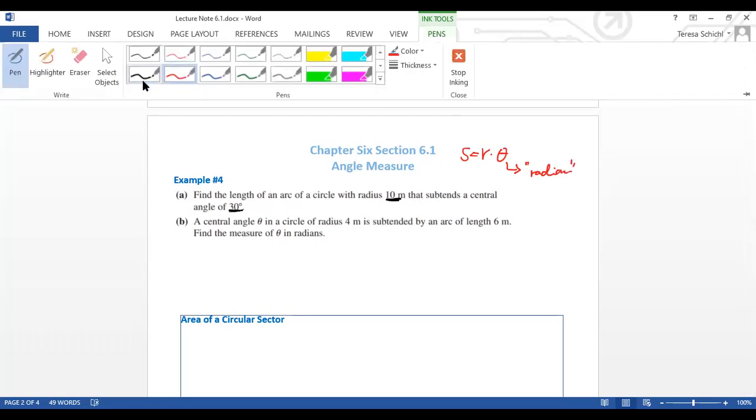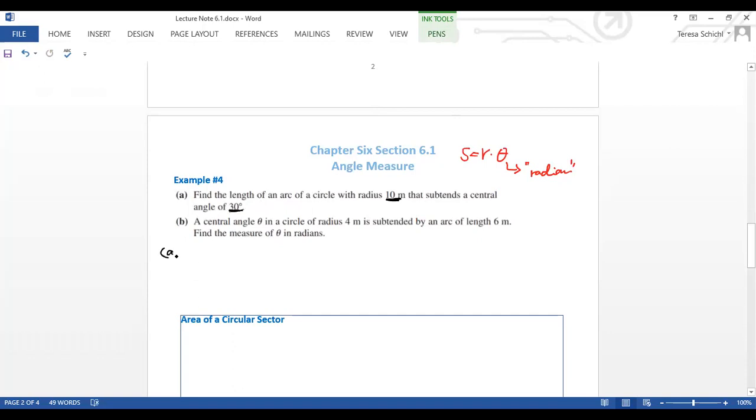So for part A, the first thing I need to do is change 30 degrees to radians. So it's 30 degrees times pi over 180, so I will have pi over 6 here.